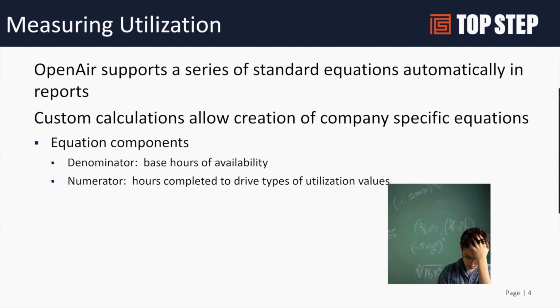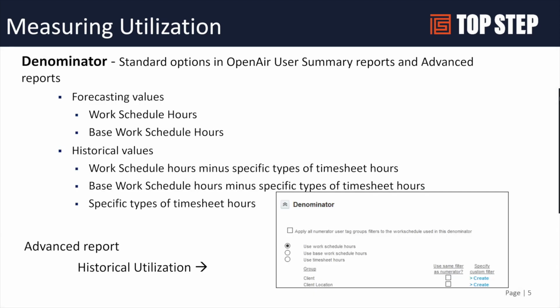So, denominator of utilization. This is a discussion we have with all our customers: what is the base for your utilization calculation? And again, it could be far and wide. Out of the box in OpenAir, there are a couple of different standard reports that give you the ability to define a denominator right inside the report.